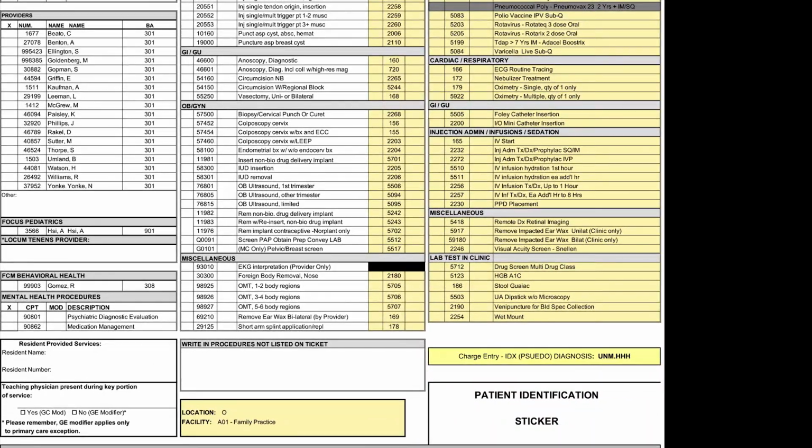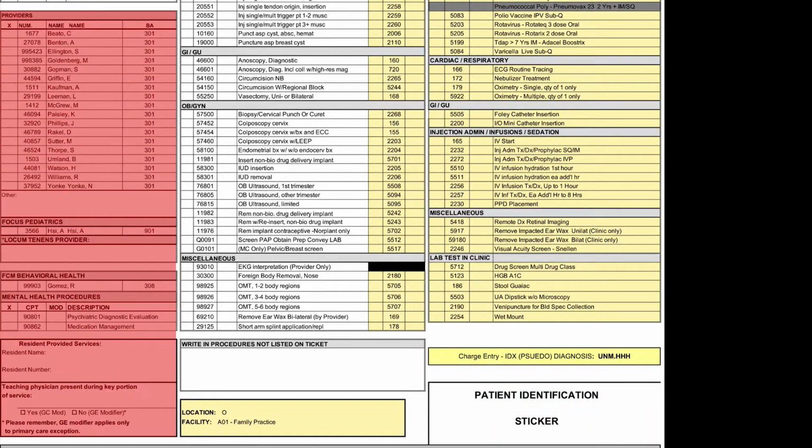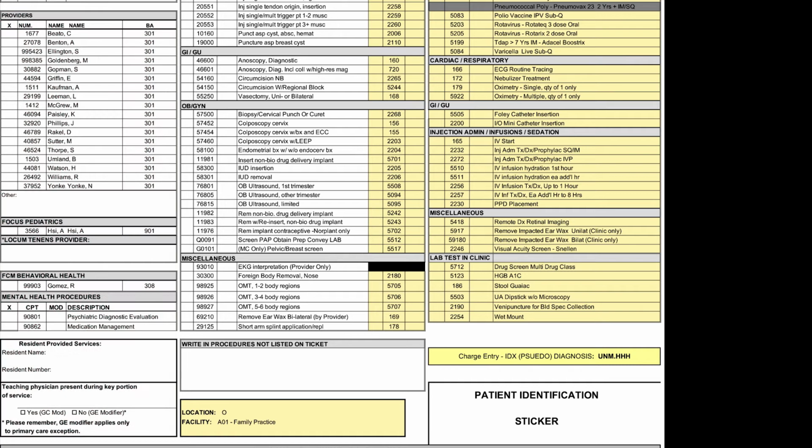The next box is a box for providers, and this will be unique to each clinic based on the providers at that clinic. At the bottom of that provider box might be other health professionals such as a psychiatrist or a pediatrician who also sees patients at that clinic. At the very bottom is the resident and a checkbox for if you actually saw the patient with the resident or not.